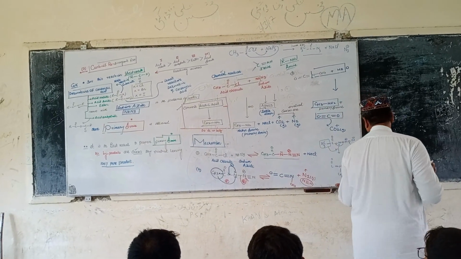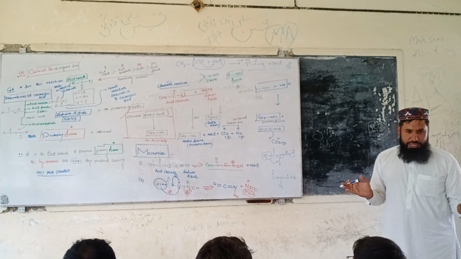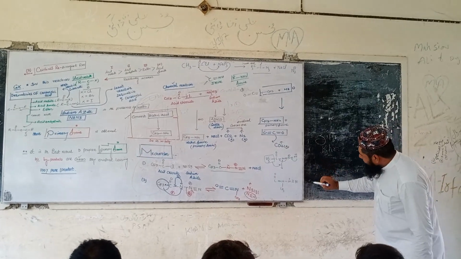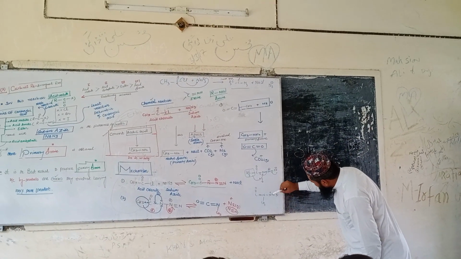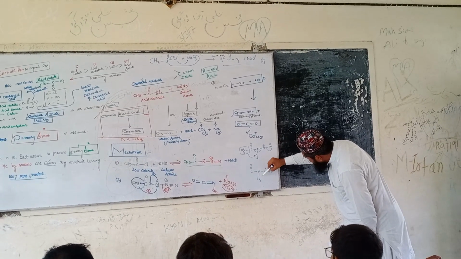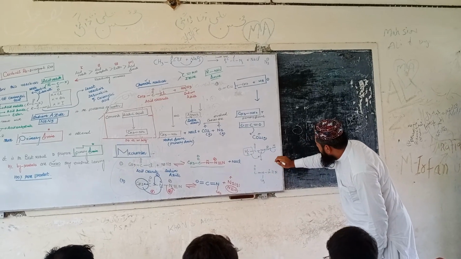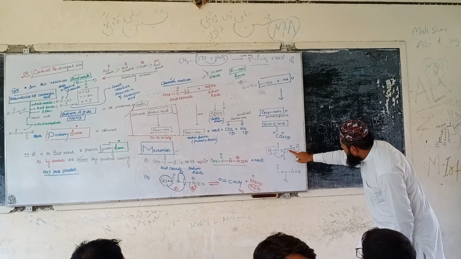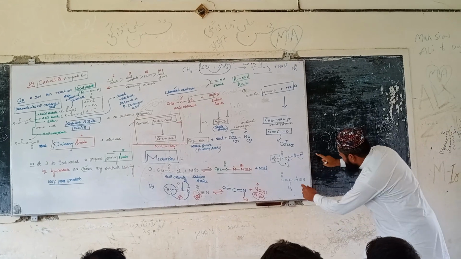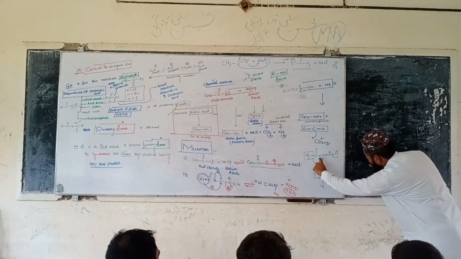Now this intermediate is actually unstable, and why is it unstable? Because look here, is this bond shifted toward this side?